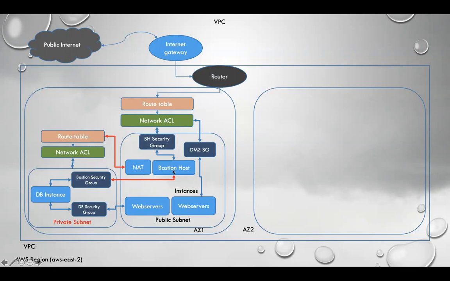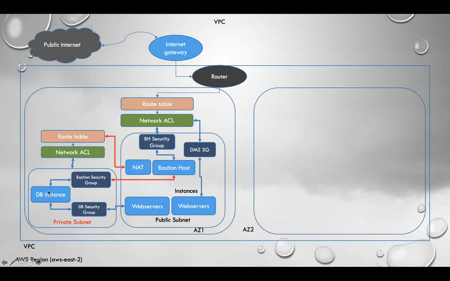Through that, I have reached the Bastion host. And now the other way: from here, I reach the internet gateway, go to the router, through the route table I reach my Bastion host first, and from my Bastion host, through the Bastion security group, I reach my DB instances through SSH.